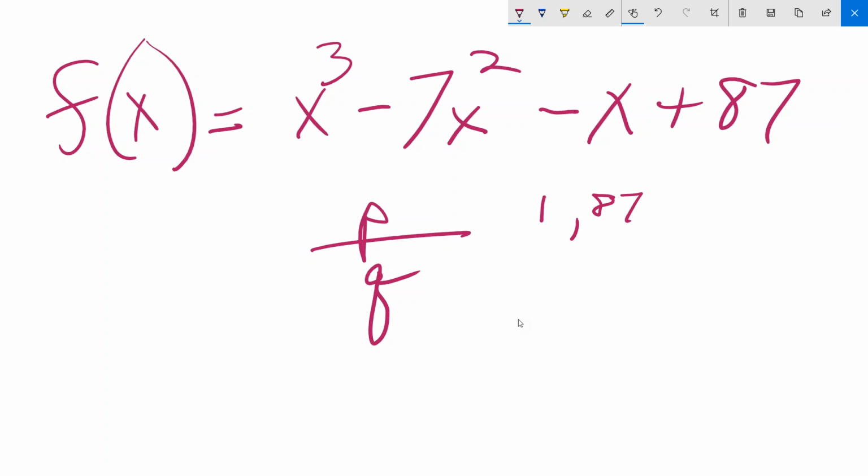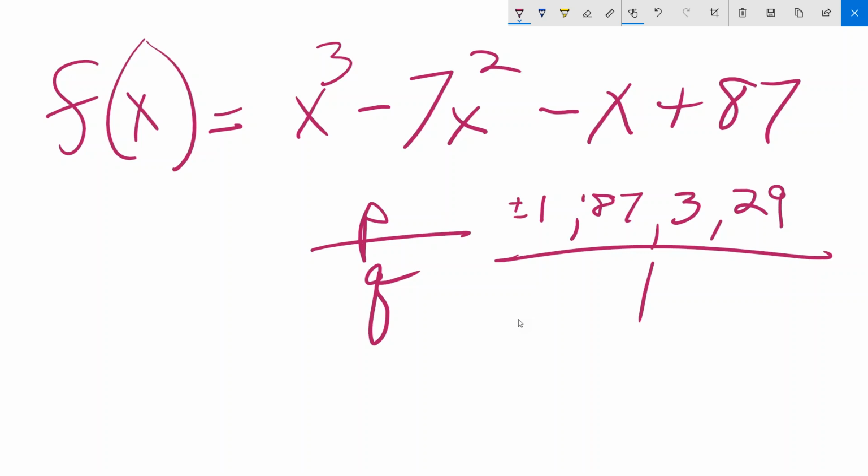No, that has other factors, doesn't it? Yeah, that has a factor of 29 and 3. And the bottom is 1. And whenever you're doing it this way, it's always plus or minus. Oh, P and Q. Yeah, I know this one.